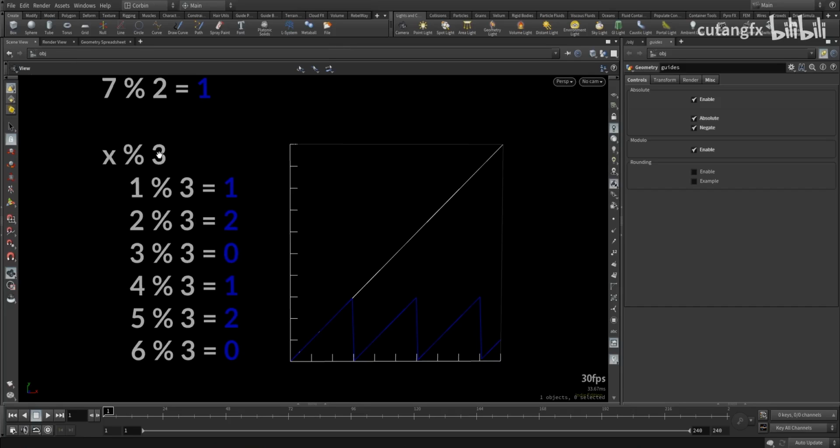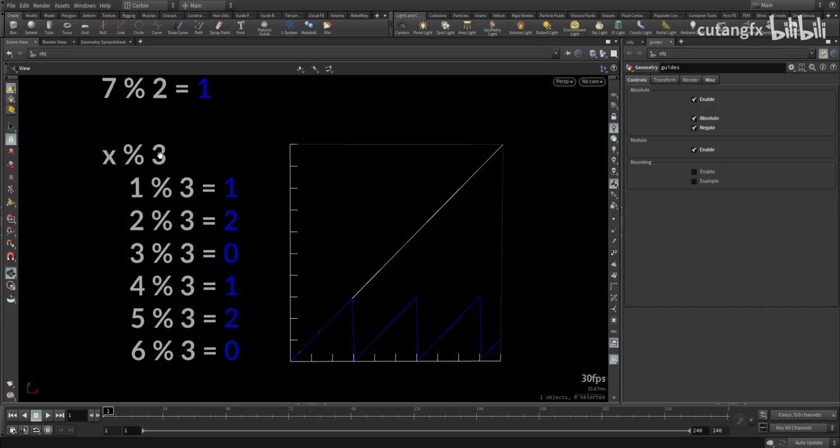And so we can choose how many numbers we go before it loops. If we do modulus to 3, that means we're going to have 3 integer numbers before it loops. Now it does always start at 0, because when you have perfect division, the remainder is 0. But let's say you wanted a loop that goes maybe 5, 6, 7, 5, 6, 7, 5, 6, 7, okay?